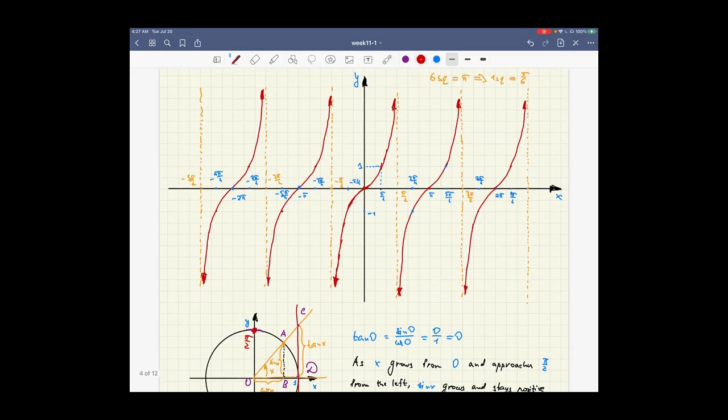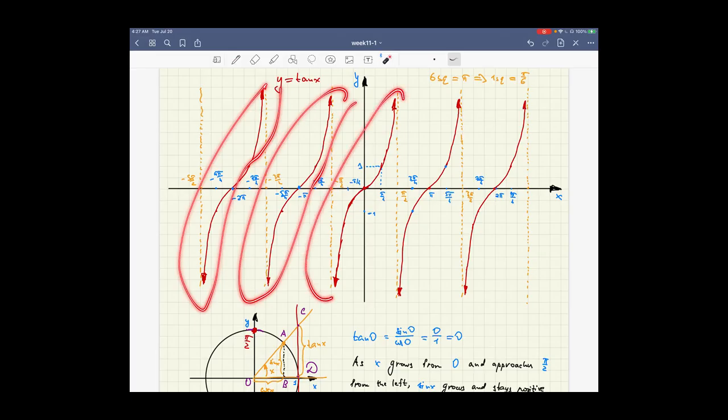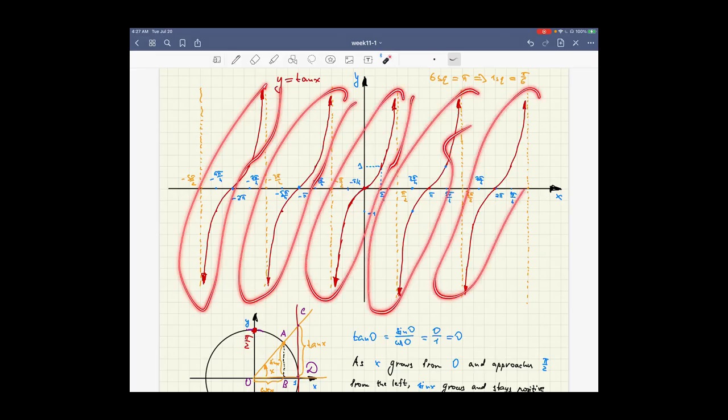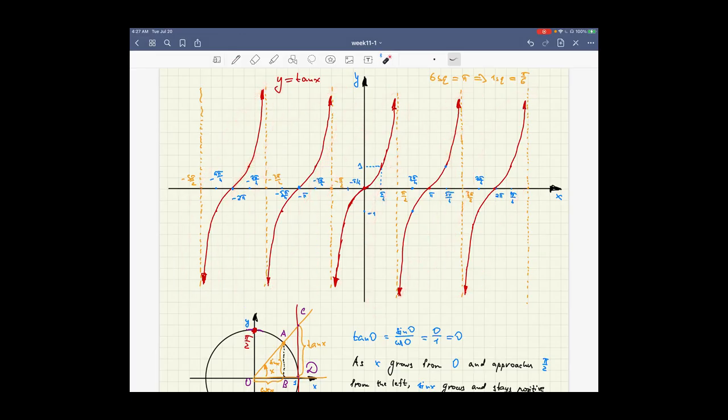That is the graph of tangent x. Note, of course, that this only is a portion of that graph because there are infinitely many of these branches in either direction. Image of tangent is immediately clear to be the entire real line.